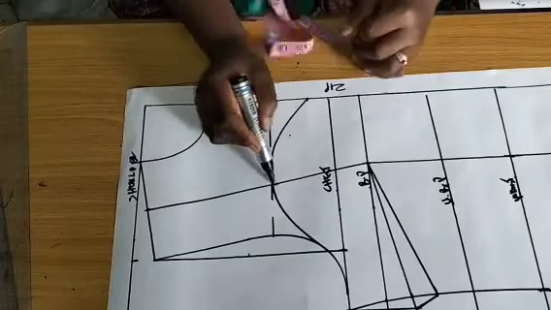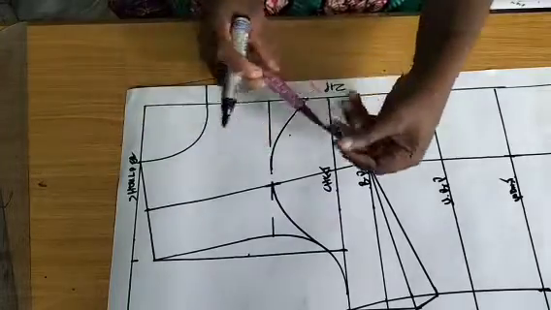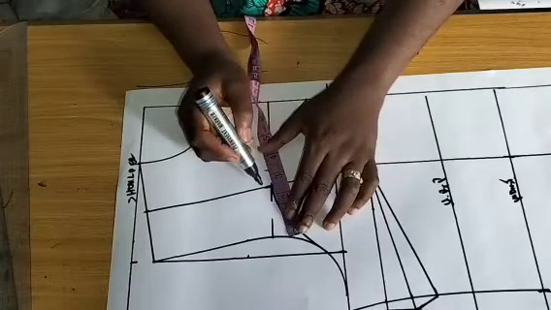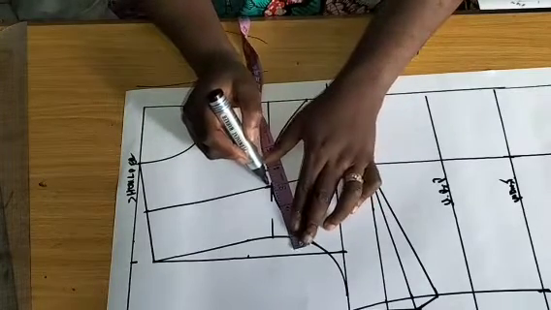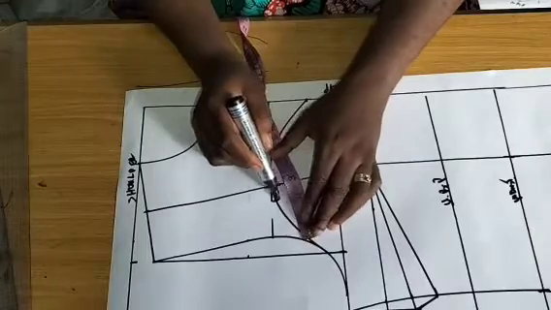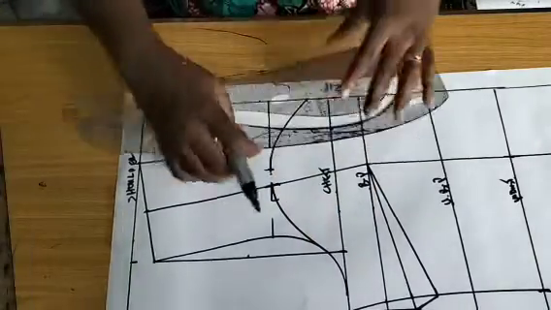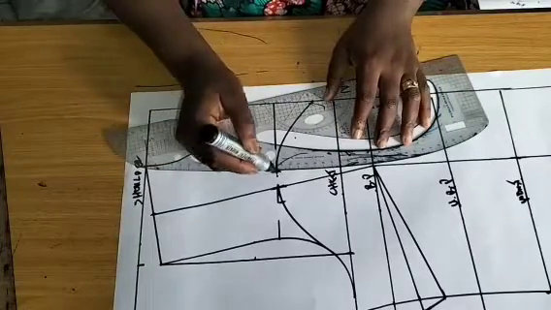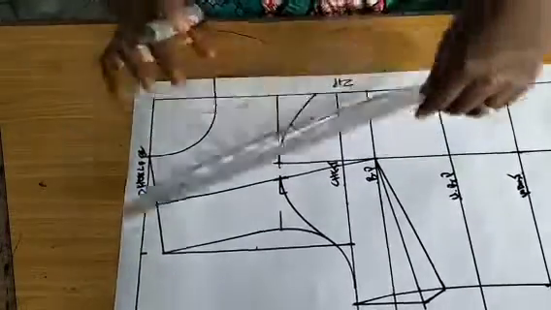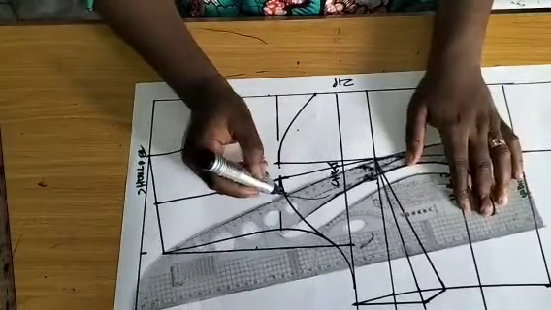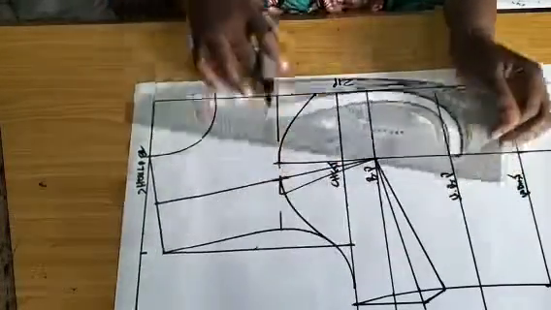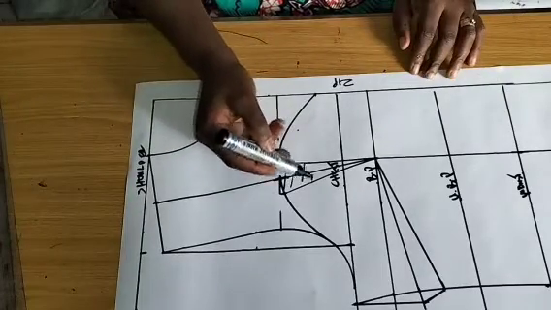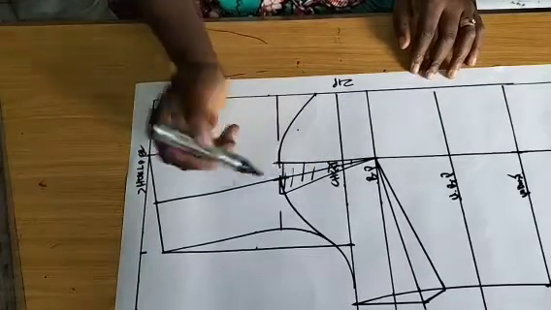So now from this line, I'm going to come out by 0.75, and from here I'll come out from the line by 0.75. Once I've done that, this is how I'll place my ruler. From here, I'm going to connect to the bust point, and I'm going to flip my ruler from here and connect to the bust point as well. So everything here is my darts, which I'm going to use as my overbust darts.